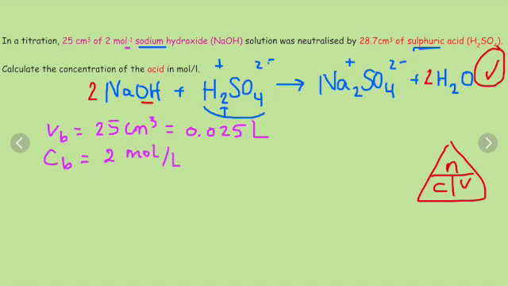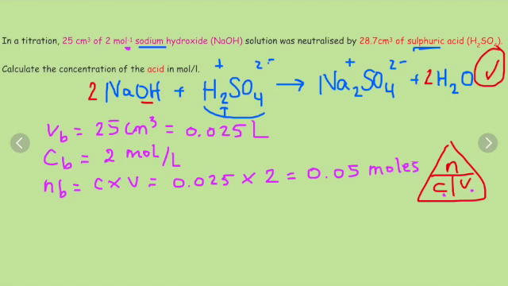They are lacking the liters in the question. So now we have the volume, we have the concentration, we can calculate the number of moles. So number of moles of the base is concentration times volume. So 0.025 times 2, which is 0.05. And this is moles.